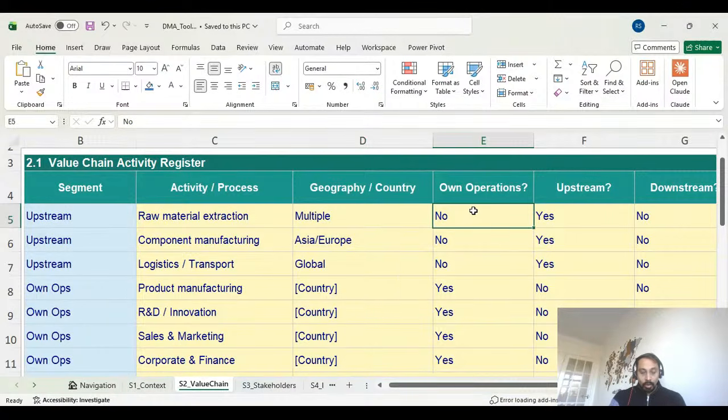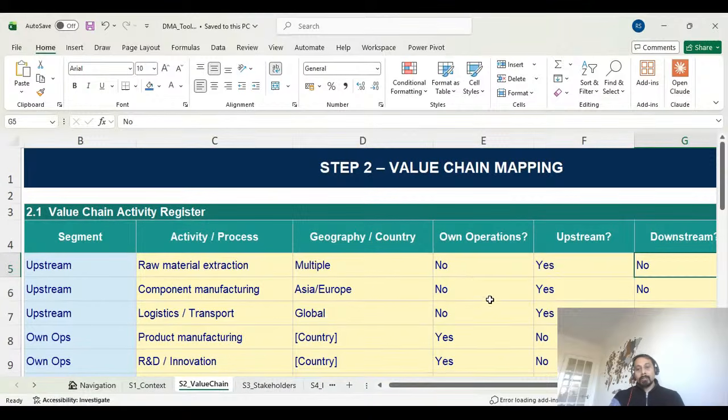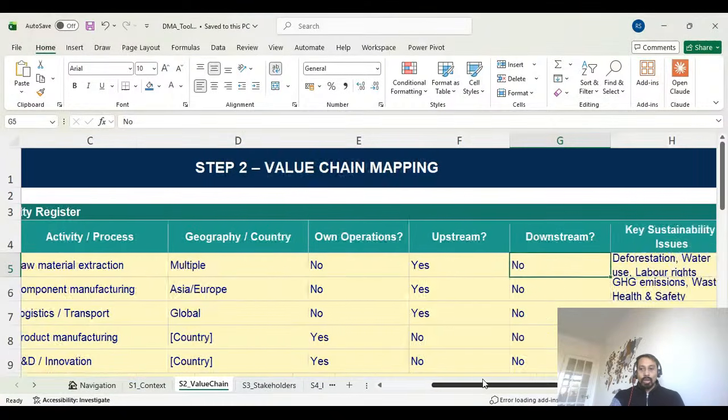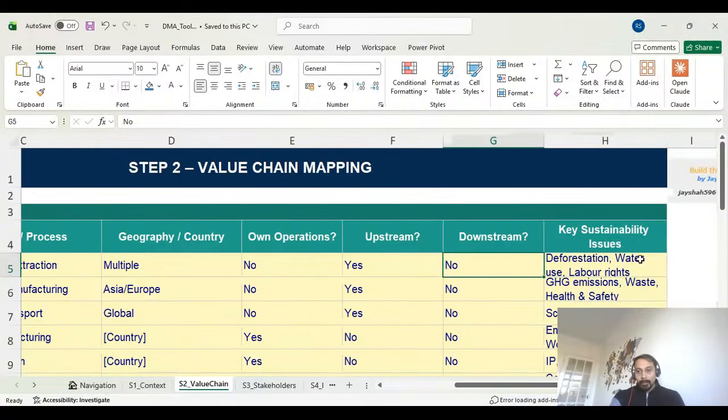It is not own operation because it's raw material extraction, so it is upstream, and downstream does not apply. Likewise, you can mention each and every item very clearly in the value chain mapping. It is very easy to do, and you can mention the key sustainability issues as per your point of view, as per your ESG expertise and climate expertise.